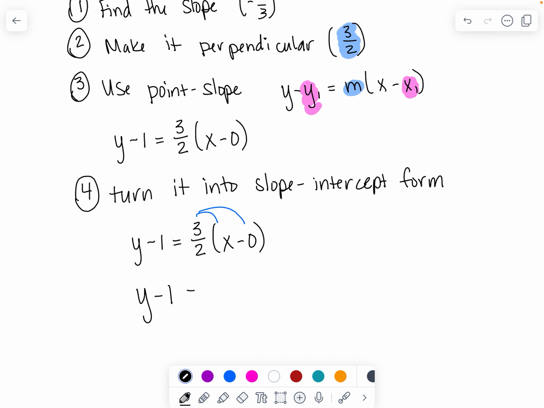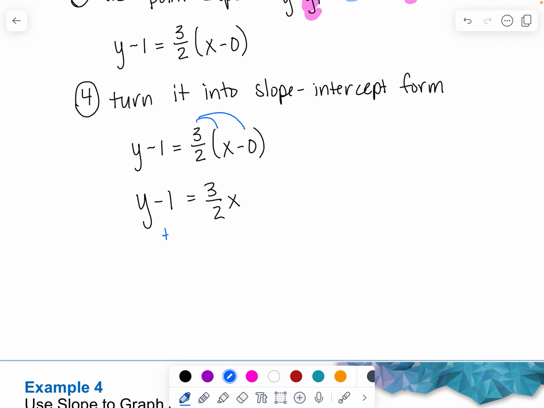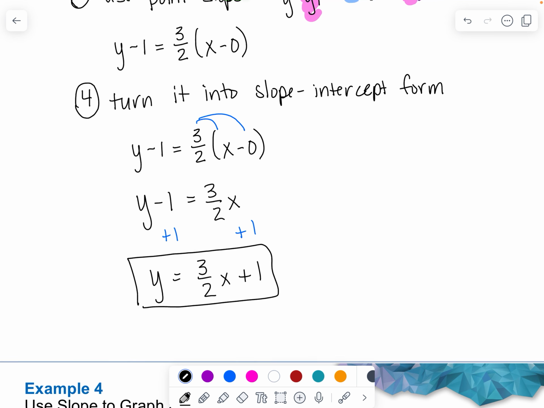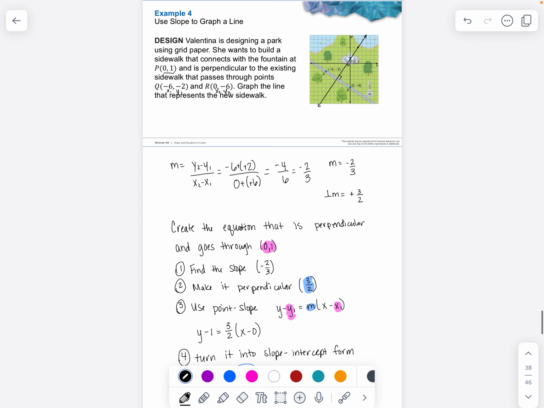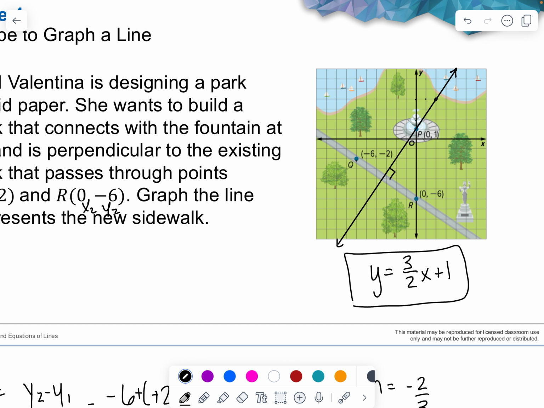So you get y minus 1 equals 3/2 x, because 3/2 times 0 is 0. And then we're going to add that 1 over. And we get y equals 3/2 x plus 1. And that is the equation of this line up here. Y equals 3/2 x plus 1. And look at that. There's our y-intercept of 1, and it goes up 3 and over 2. That's our slope.